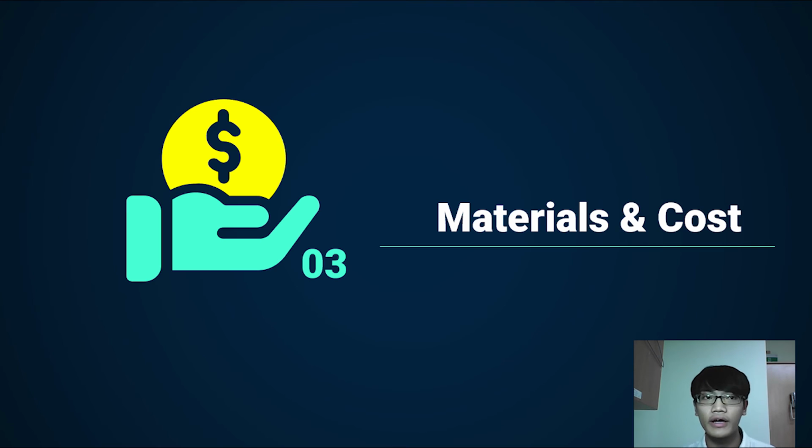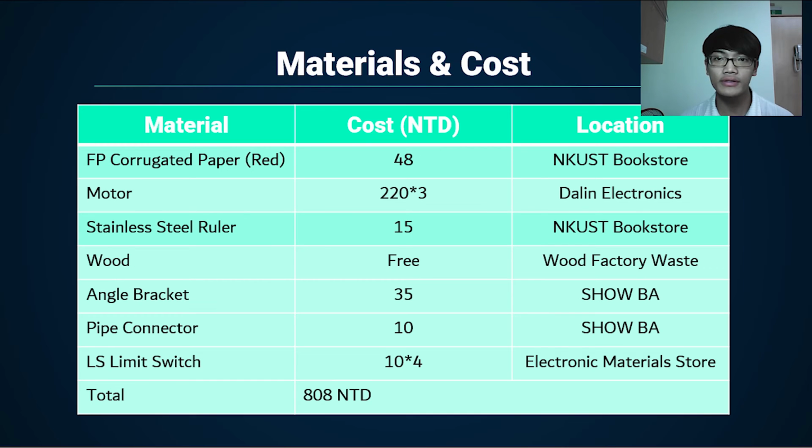Third, materials and cost. Material, FP correct paper, red, cost $48 in NKUST bookstore. Motor, cost $660 in Darwin Electronics. Steel ruler, cost $50 in NKUST bookstore.